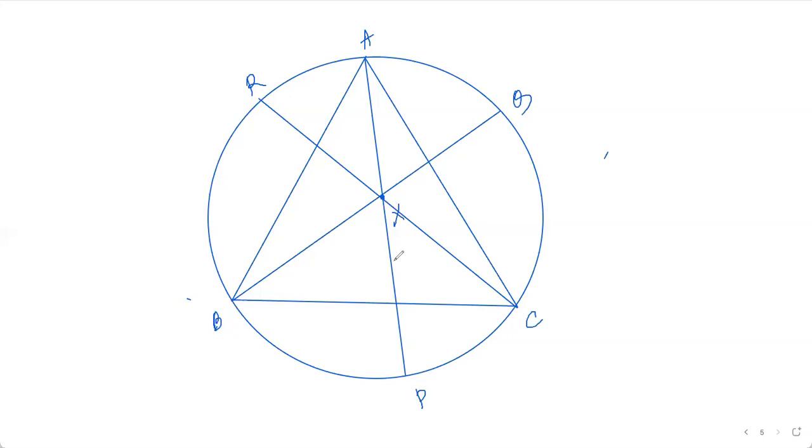Now I'm taking another point A dash on PX, and I'm drawing A dash B dash, which is parallel to AB, and this is meeting at, suppose this is the point B dash, and A dash C dash, which is parallel to AC.